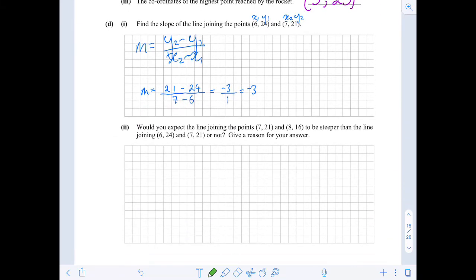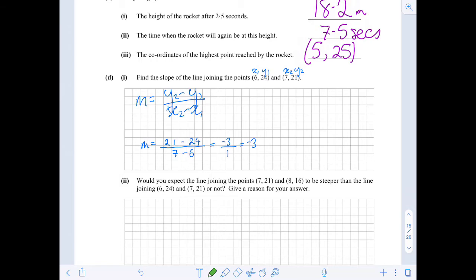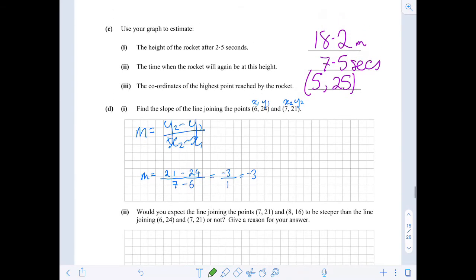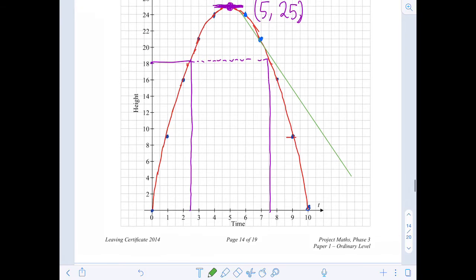Would you expect the line joining the points 7, 21 and 8, 16 to be steeper than the line joining 6, 24, 7, 21? 7, 21 and 8, 16. So which is the steeper line? That one or that one?